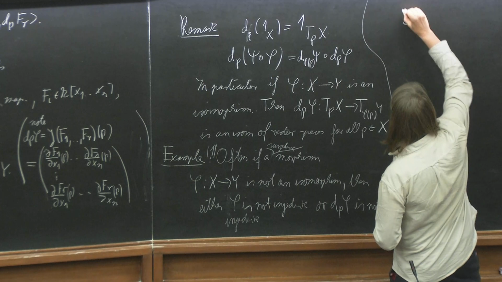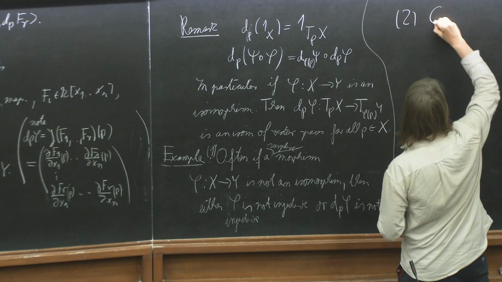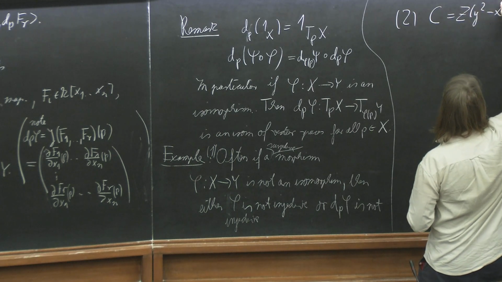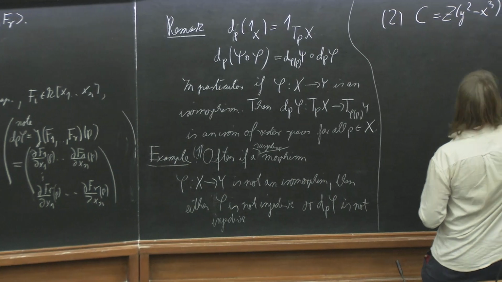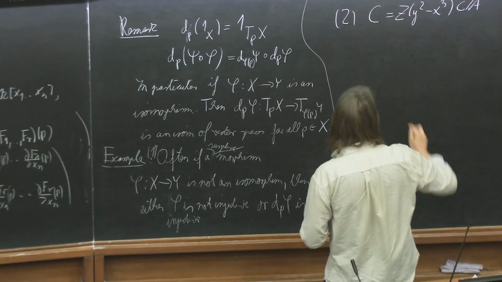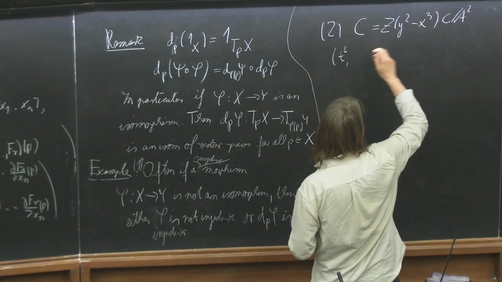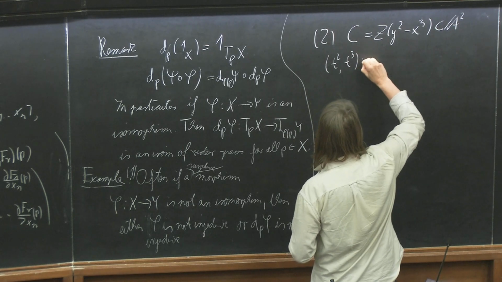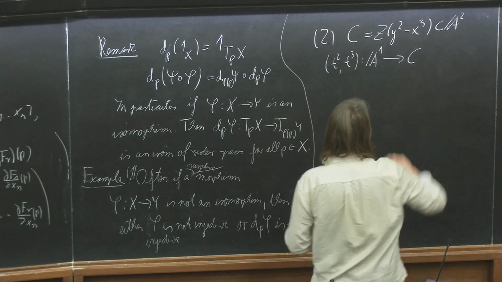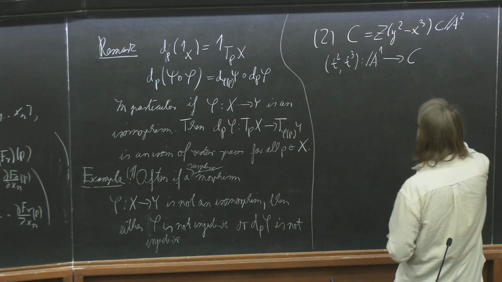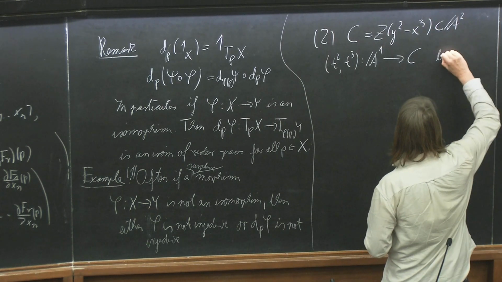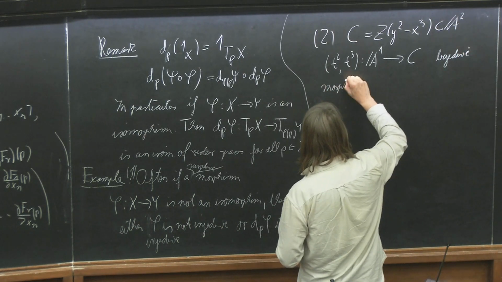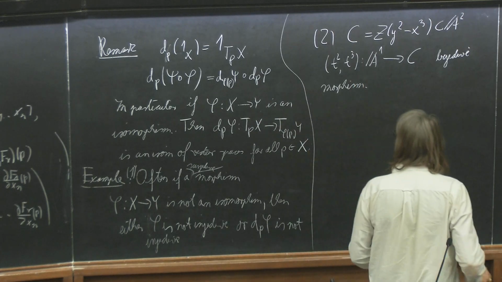In particular, for instance, if we look again at our cuspidal cubic, and we had this map, t to (t squared, t cubed), where t is the coordinate on A1, from A1 to C, which is a bijective morphism, as we had seen, but not an isomorphism.